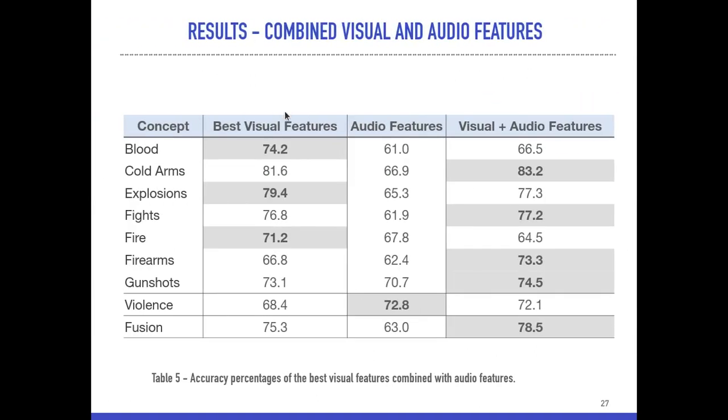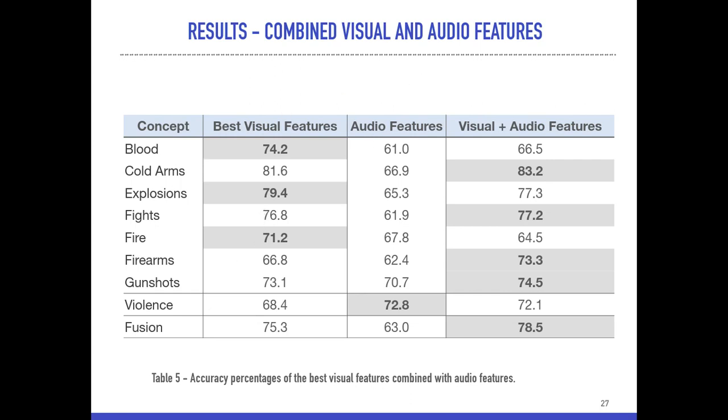And this is what we get here. The best visual features for each subconcept were these ones. Then we can make a fusion with them, and we get 75.3% accuracy, which is a little better than just using the same input altogether. And we get these also here.